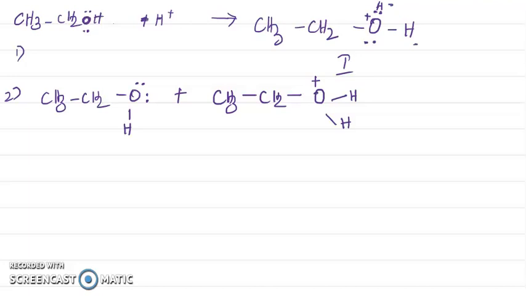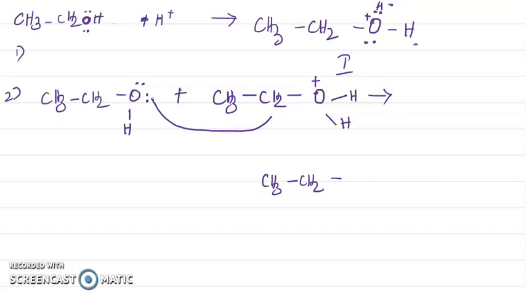Now what happened? This negative group, the oxygen atom having two lone pairs, will go and attack the CH2CH3 group of the protonated alcohol. So that only we got the compound CH3CH2. It moves here to make a bond with CH2 and CH3.